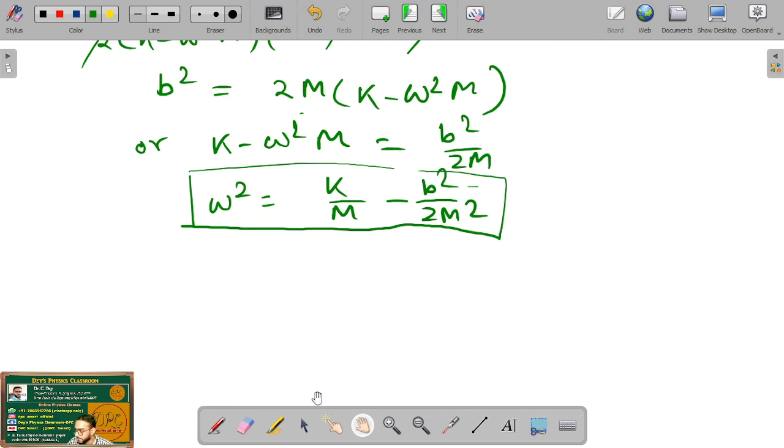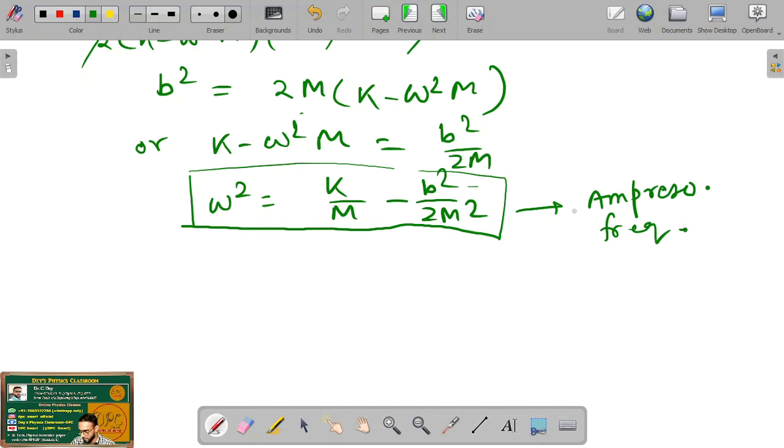So this is the expression for frequency in case of amplitude resonance.